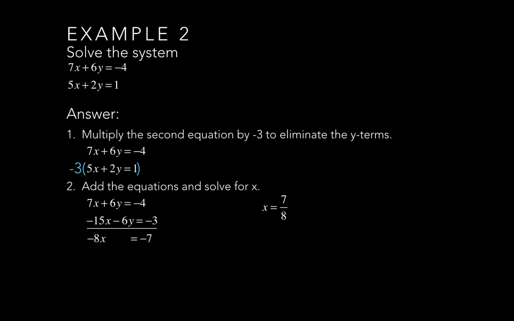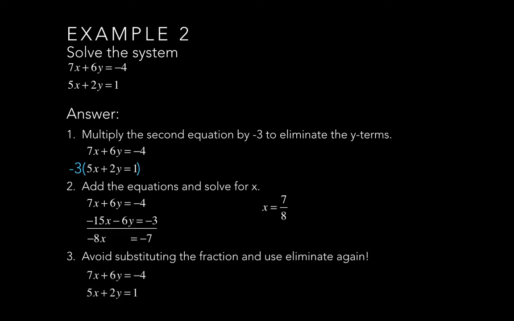And it is at this time that I want to show you something you can do so that you don't have to substitute that fraction into one of the originals. We can eliminate again. We're going to go back to the starting, and instead of eliminating the y's, we're going to eliminate the x's.